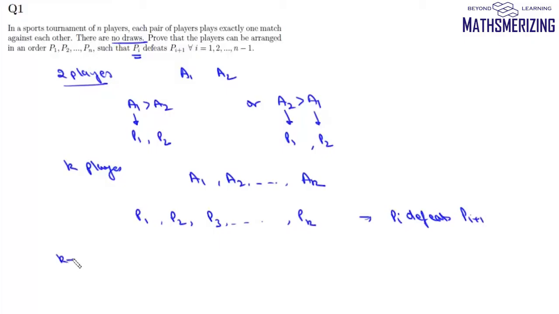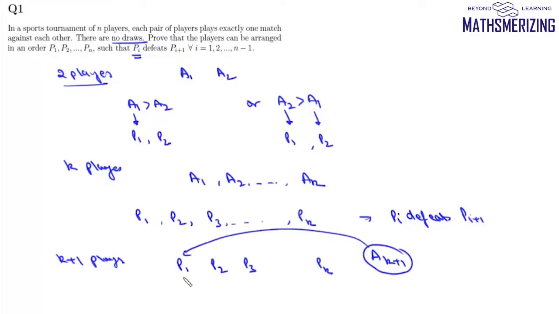Now we'll consider the case when we have K+1 players. We already have K players, which are P1, P2, P3, ..., Pk, and then we have this player, which is AK+1. Now we'll compare this AK+1 with P1.